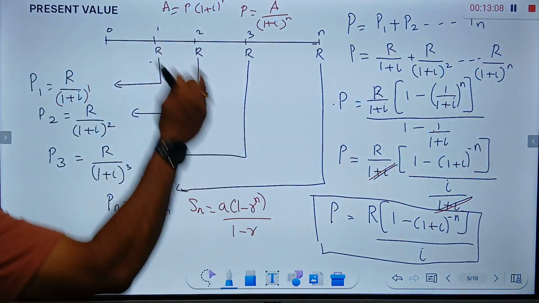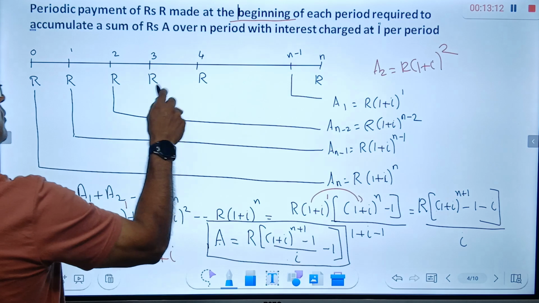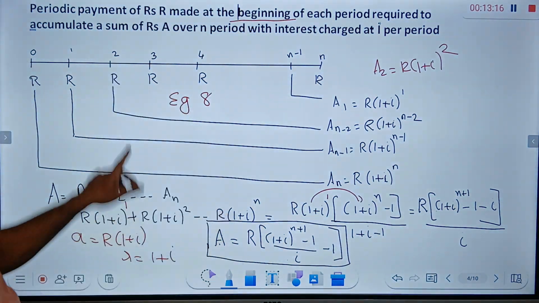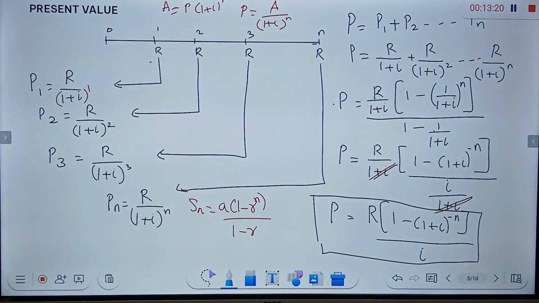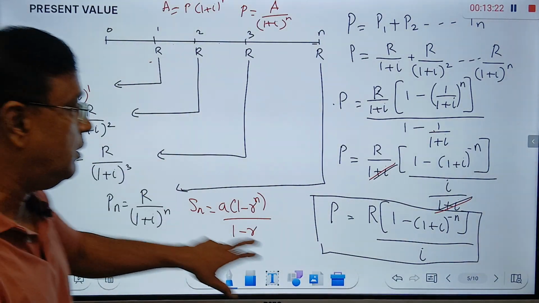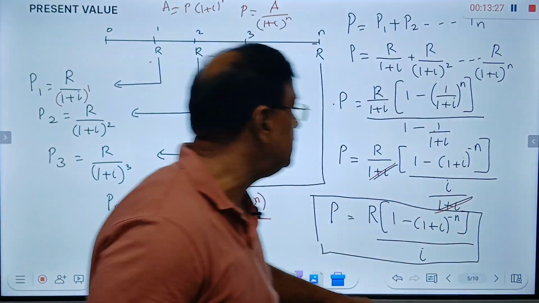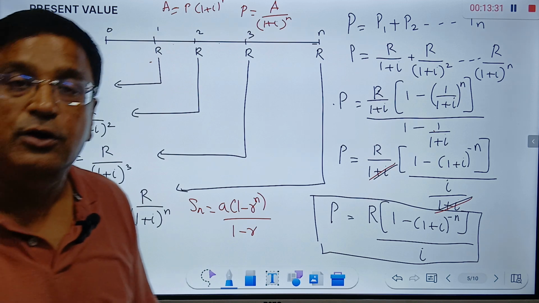And this is the present value. There is no problem. For this, you have a question in the NCERT book called example 8. Okay, there's only one question, example that we will discuss. Now this is the present value that you calculate. The previous two were calculating the amount, whereas the last one is calculating the present value where the payment is made at the end of the period.